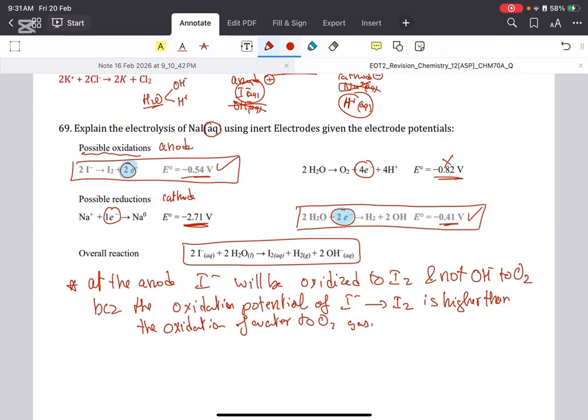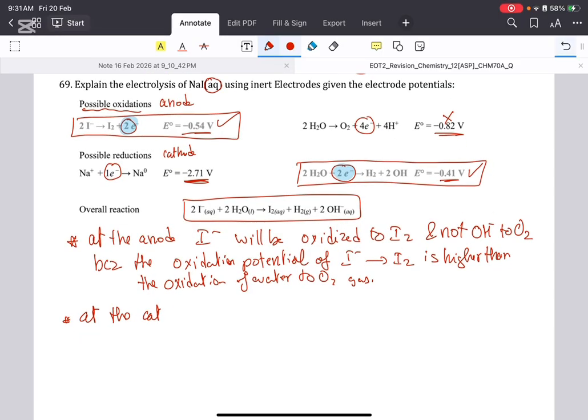And at the cathode, sodium ions are not reduced, or I can say water is reduced to hydrogen gas.